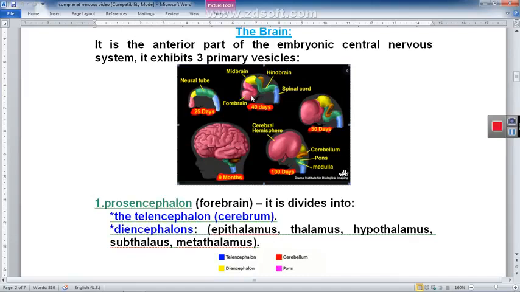Therefore, the forebrain forms telencephalon and diencephalon. The midbrain will remain as itself. The hindbrain will form metencephalon and myelencephalon. So we will have later on 5 brain vesicles. And these 5 brain vesicles later on will give the brain, which is part of the central nervous system.